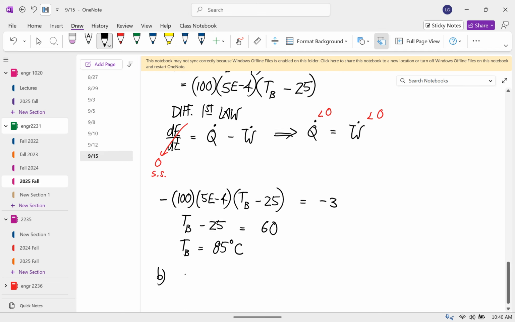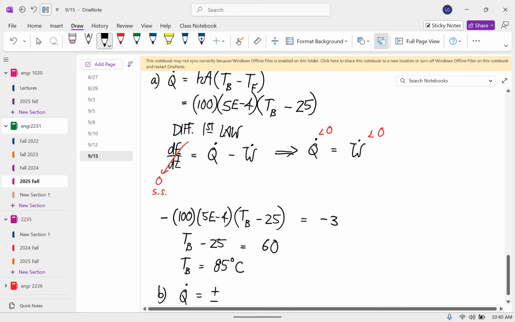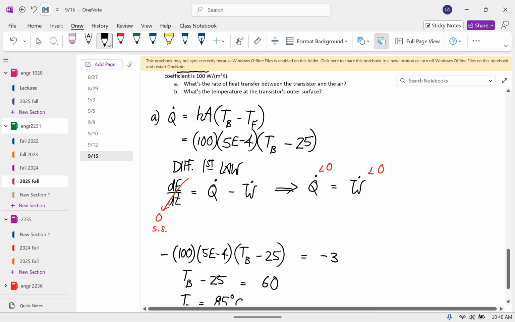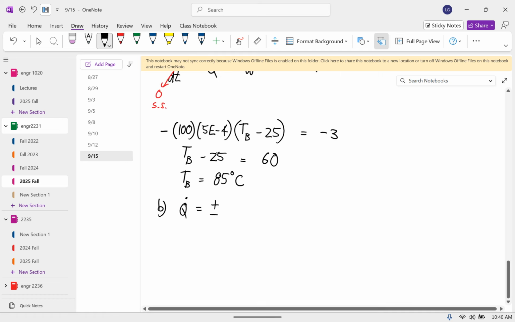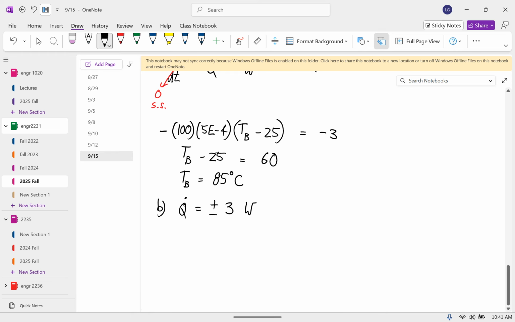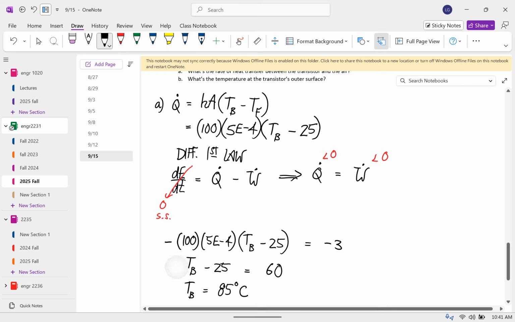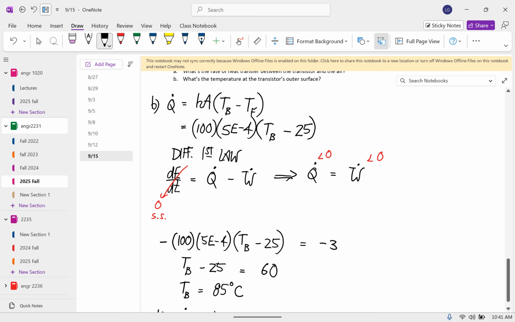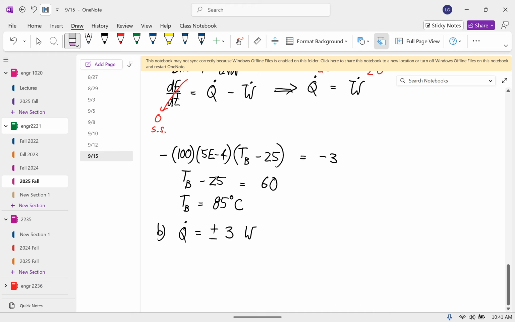So you could say Q dot is equal to plus or minus, plug it back into this. But we saw what the answer was as soon as we simplified this. Q dot has to be equal to W dot, so it's plus or minus 3 watts. I actually wrote those wrong. This is B, and this is A.